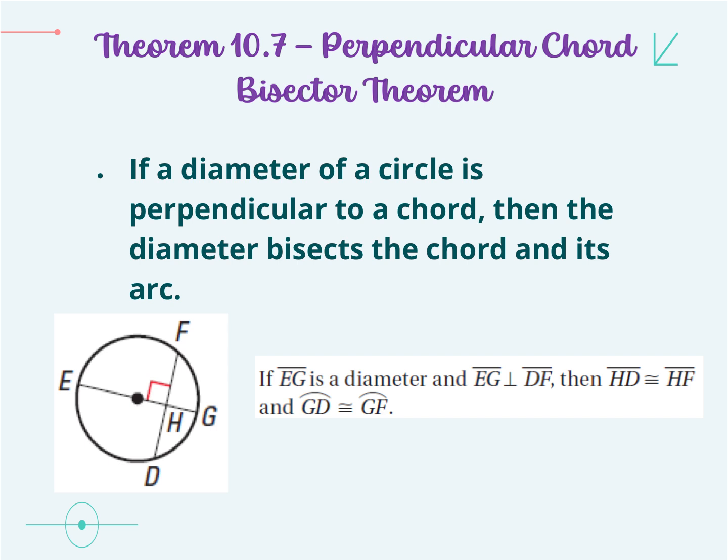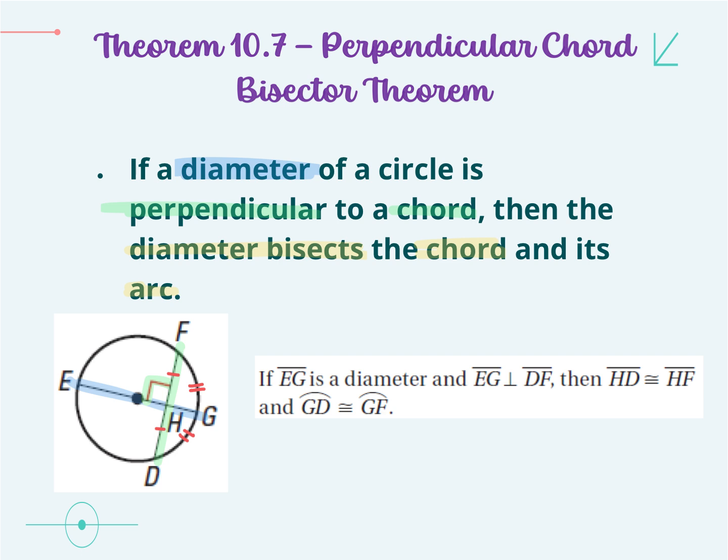So this one says, if a diameter of a circle is perpendicular to a chord, I'm going to highlight, here is my diameter, and here's my chord, then the diameter bisects the chord and its arc. So here's my chord, here's my arc. It's cutting them in half, it's bisecting them, to make them congruent.